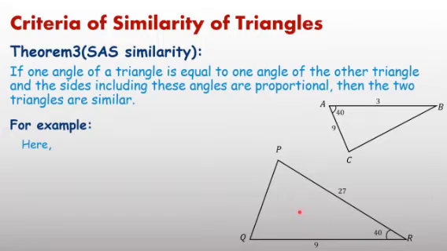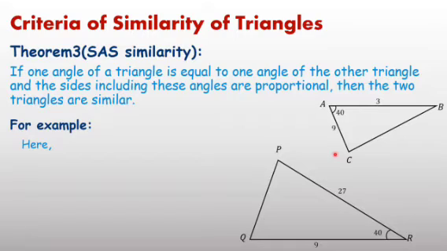Now in these two triangles, by SAS, for the two sides given, you find the corresponding sides in the second triangle, and if the ratio of these two corresponding sides is the same and the included angle is equal, then we can say both triangles are similar. 3 written, 3 threes are 9, then 9 threes are 27, and 40 equals 40.